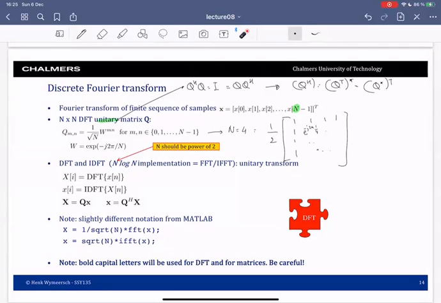Now here the book gets a bit confusing, but I will follow the notation of the book anyway. Suppose you have a vector x of length big N, and this is one entry here.